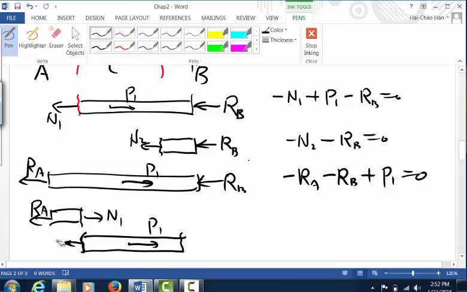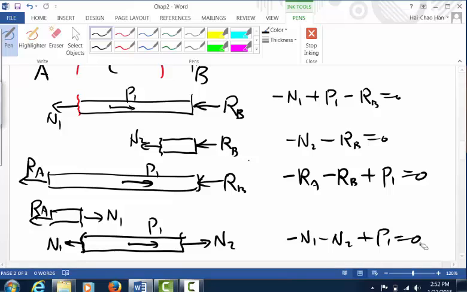So here will be my N1, and here is N2. And this one actually gave me negative N1, negative N2, and plus P1 equals 0. Oh, I'm drawing the, sorry, should be which one? So negative N1, so N2 is positive. Good catch. Yeah. Right? Okay, now can you solve the N1, N2?